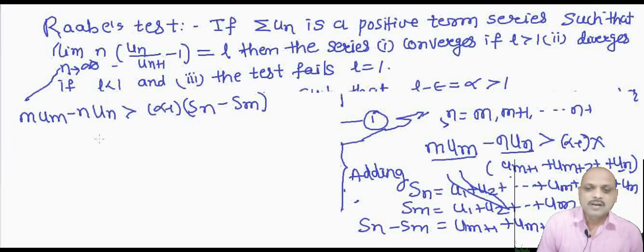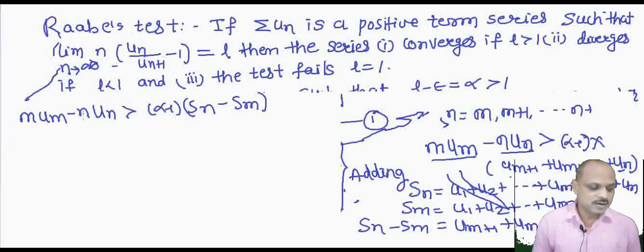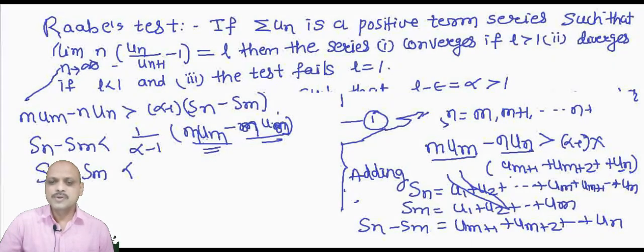Now, from this we can see that here we take this alpha minus 1 to this side. Here we get S_n minus S_m is less than 1 divided by alpha minus 1 into, you can see that here we have m into u_m minus n into u_n.